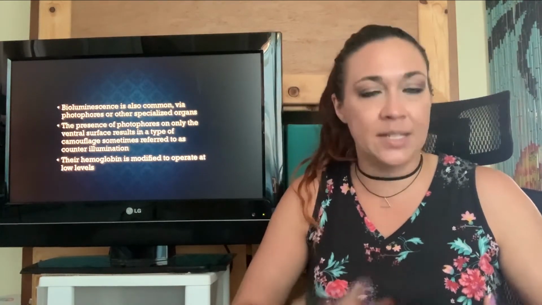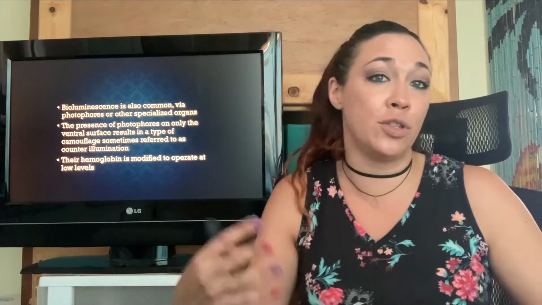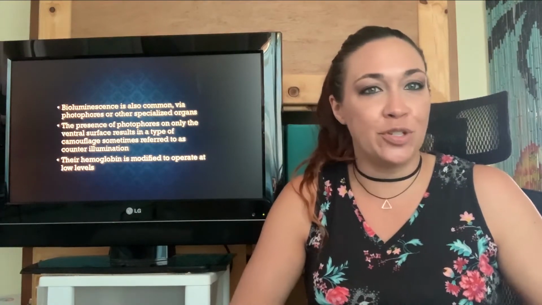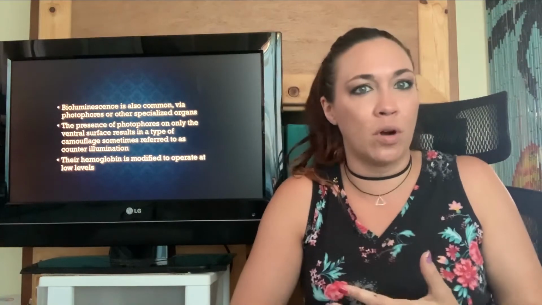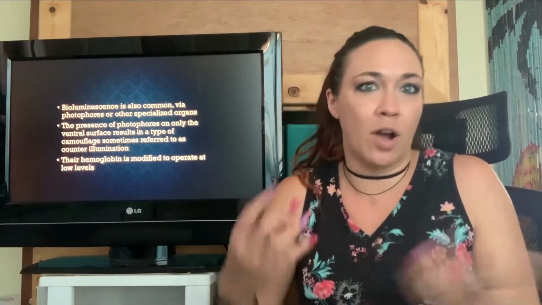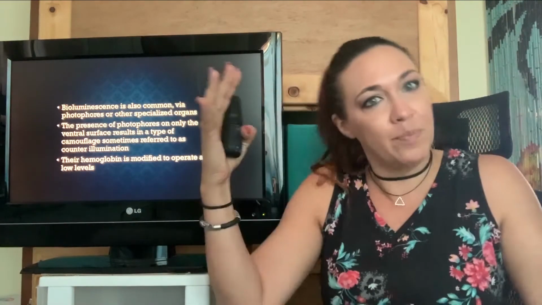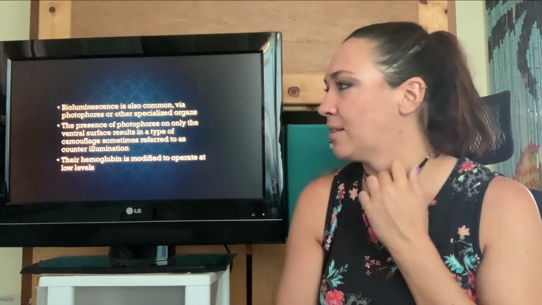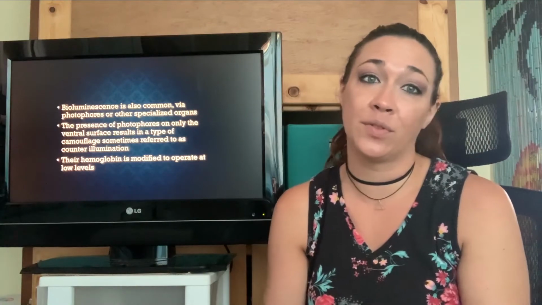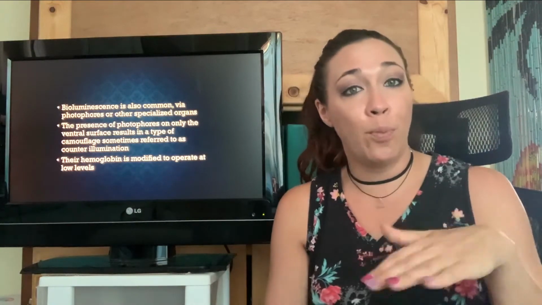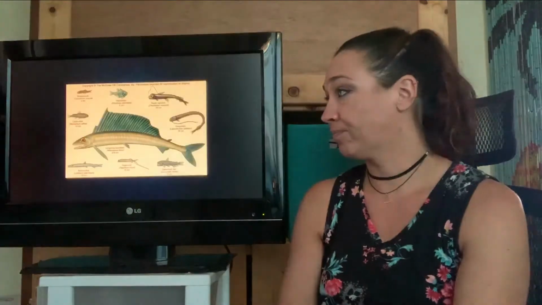It still transfers oxygen throughout the body, it's just used to doing it at a lot lower level than our hemoglobin, which would carry a lot more oxygen. So their blood can work at lower levels to survive in the oxygen-poor environment.